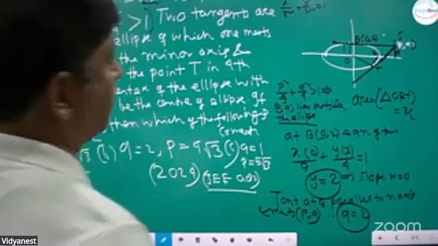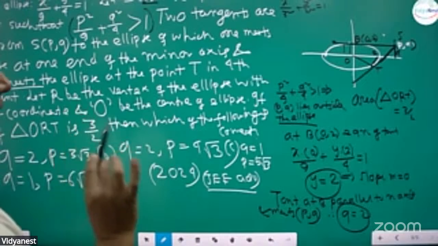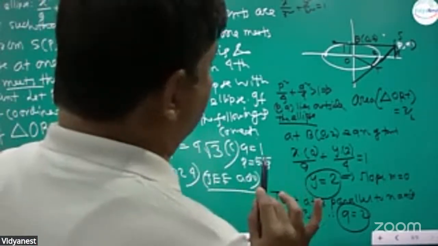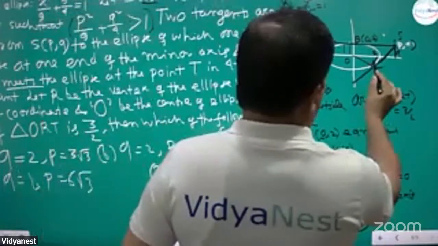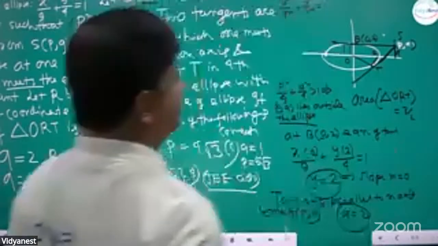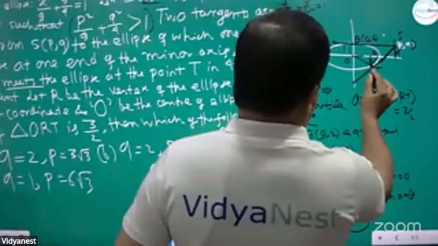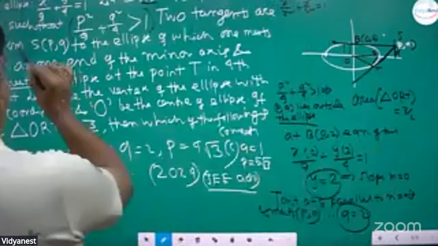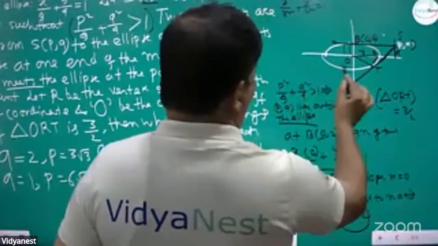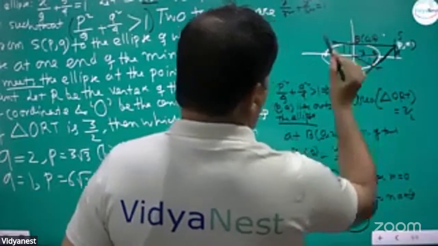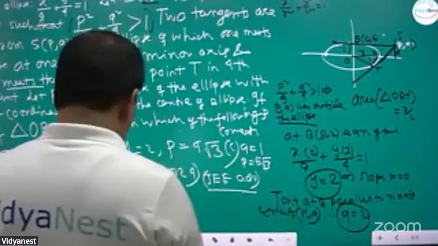See, any other clue is there? Only one clue is there, that is area. Area of the triangle in which OR is known to us. What is OR? OR is 3. This height we don't know. So you proceed in this way.